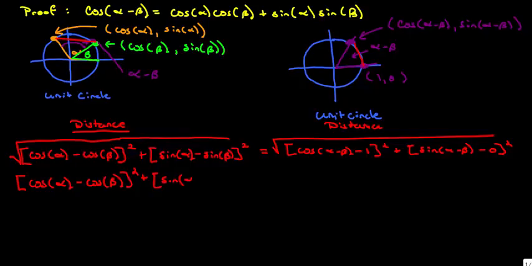From here on out, the rest of this problem is just algebra. But it may be something that you would have had some difficulty doing on your own. You might have goofed something up, whatever it is. Okay, so this is just the algebra.